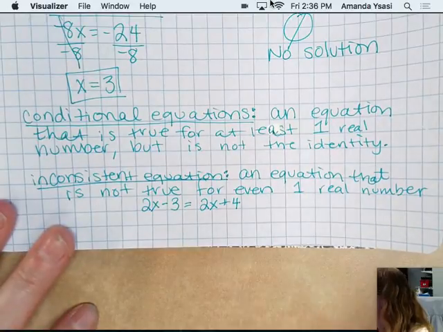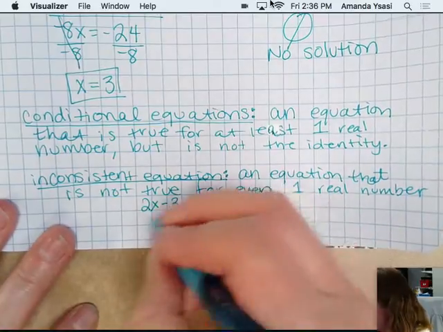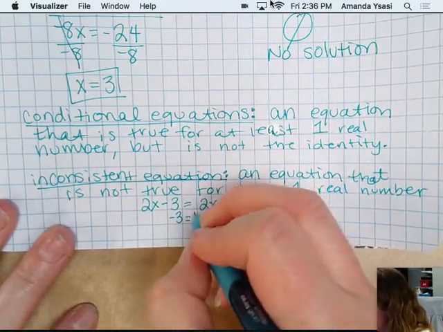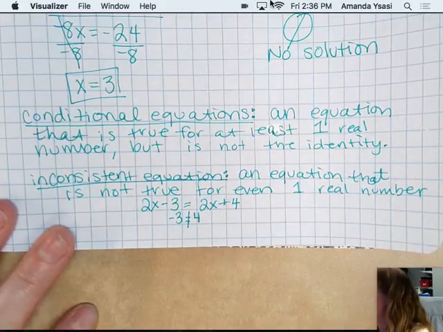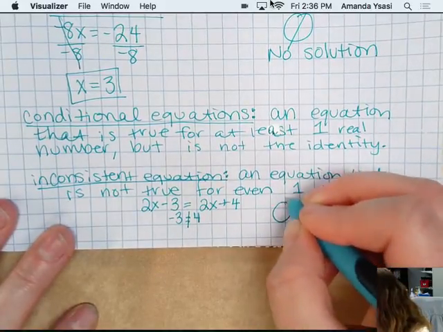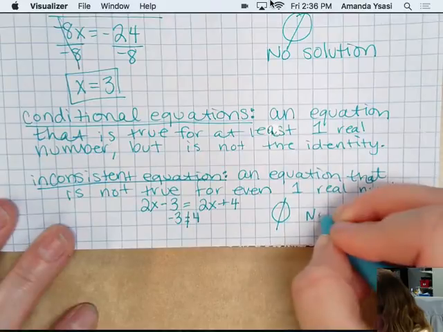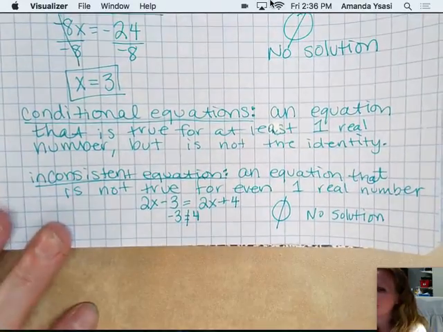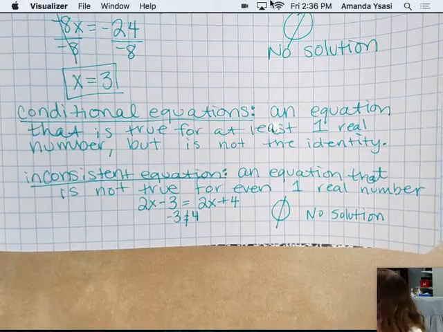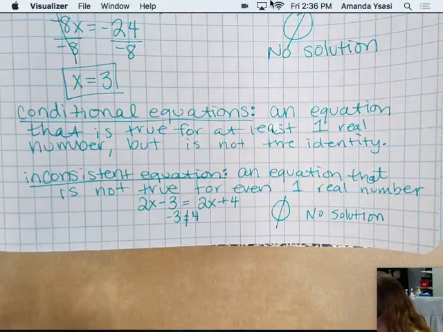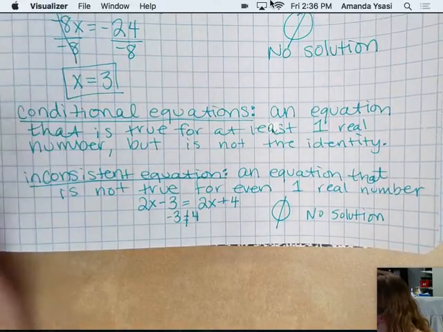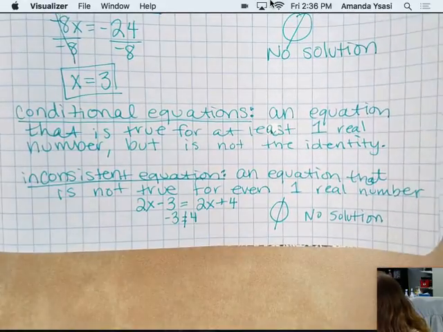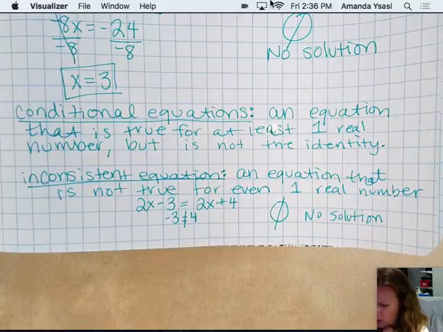Whenever you simplify this down, you end up crossing out the 2x's. You get negative 3 equals positive 4. That is not true. So this is a no solution. Or it's like the example that we just did where x is equal to 3, but x couldn't equal 3. That's a no solution or an inconsistent equation too.